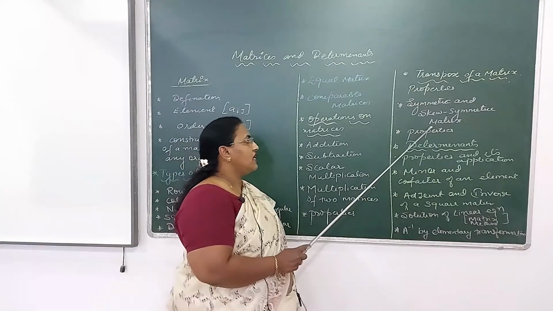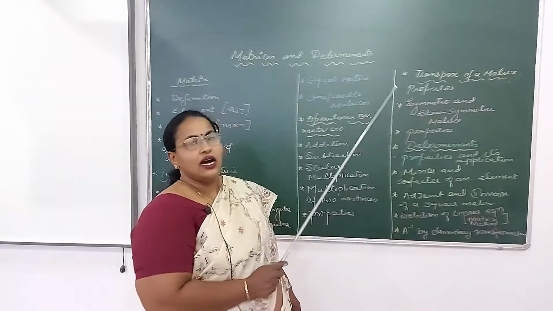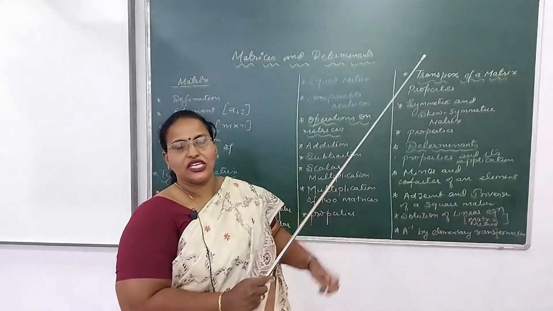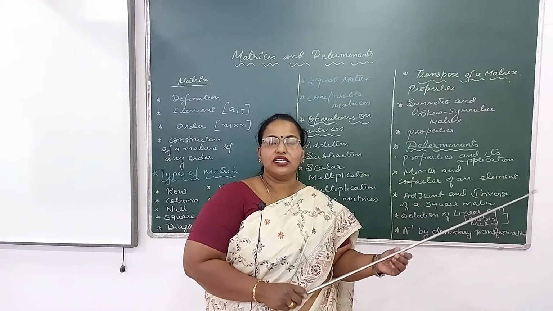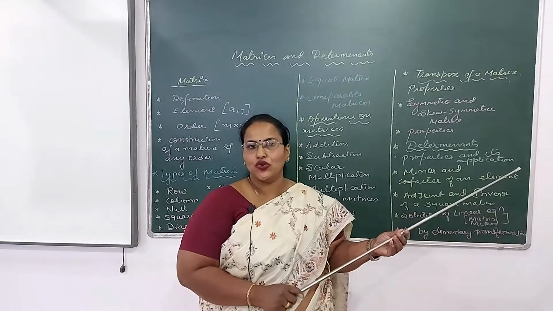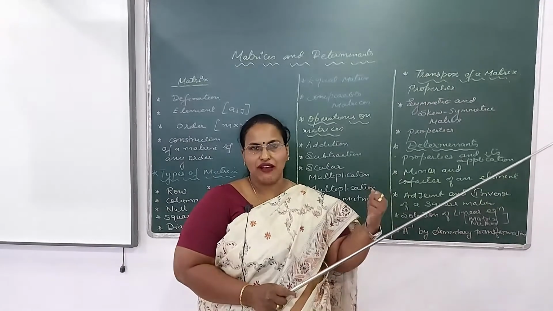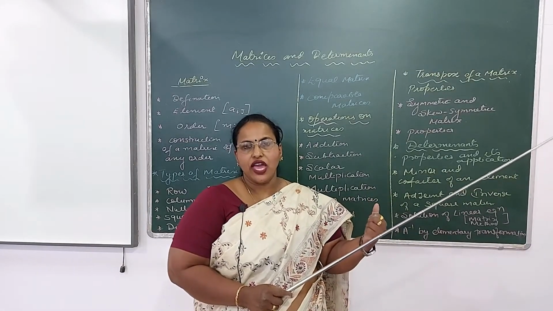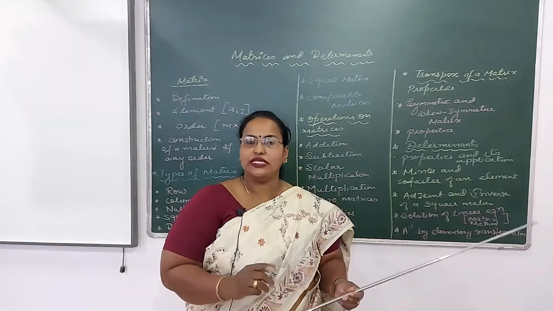Next is symmetric and skew symmetric matrix, a very important concept based on the concept of transpose. If A is equal to A transpose, then the matrix is symmetric. If A is equal to minus of A transpose, then it is a skew symmetric matrix. And some theorems we have also studied, like if A is a square matrix of any order, then A plus A transpose is always symmetric.